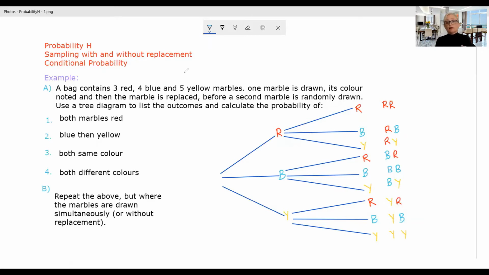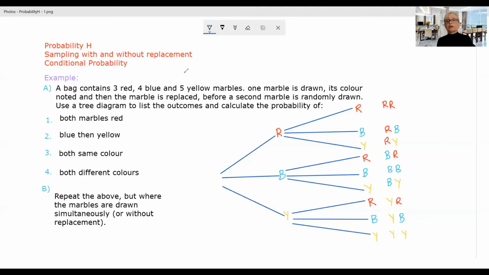If you are taking a coloured marble out of a bag, noting the colour, then putting it back, remixing them up and taking one out, the probabilities each time of getting a red, a blue or a yellow will be the same. Because each time we're dipping into that bag, we've still got the same number of each type of marble.